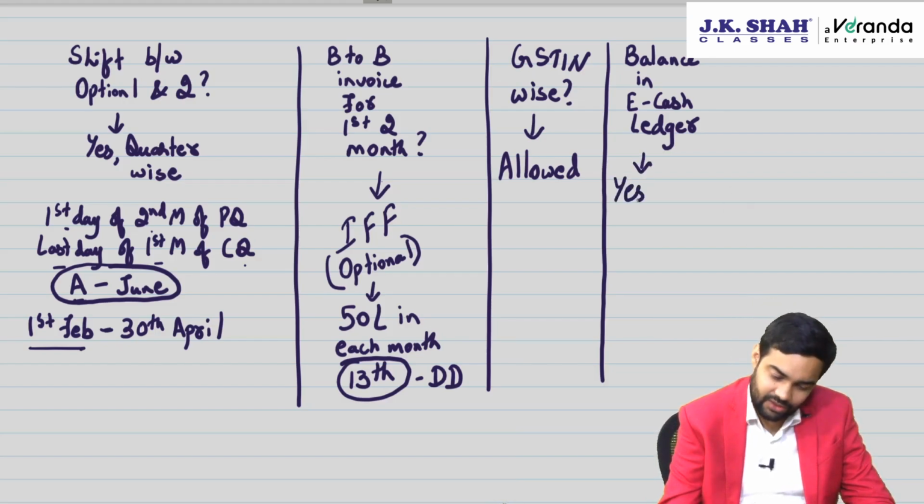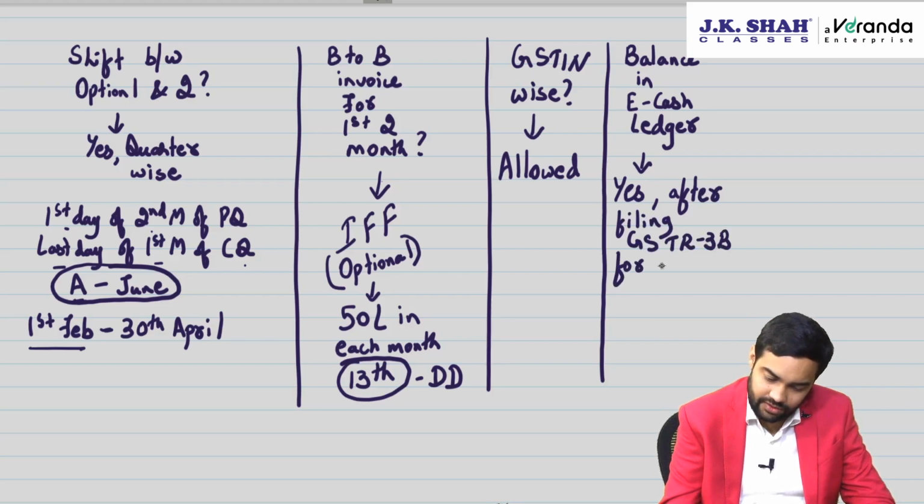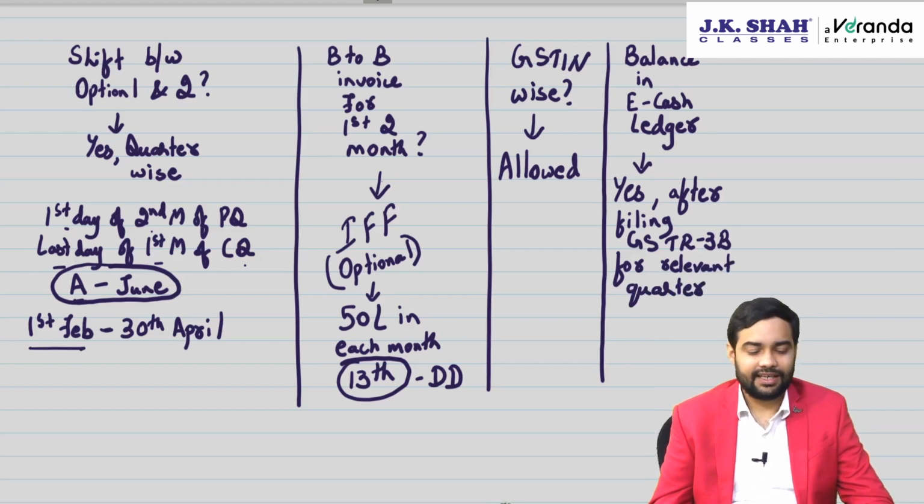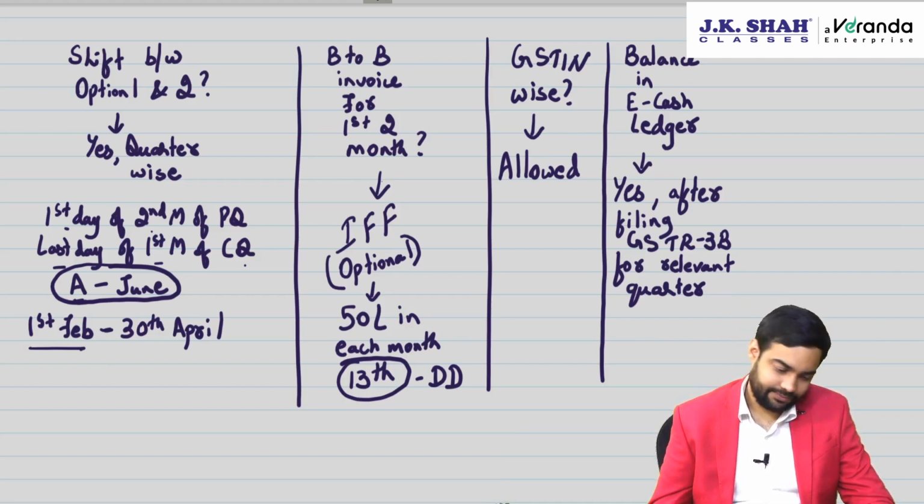Yes, it can be used for any other purpose after filing GSTR 3B for the relevant quarter. Once you file GSTR 3B for the relevant quarter, thereafter you can easily transfer that balance which is lying in e-cash ledger. Now, you need to be very careful on all these points. You can get a question on all these in your examination.